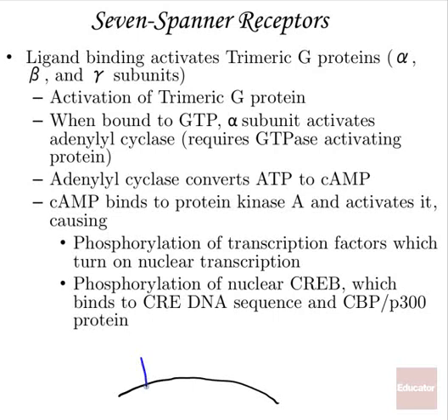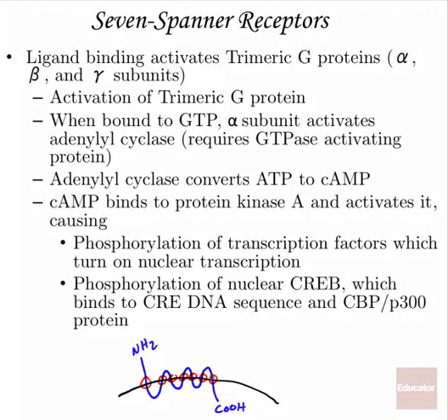So 1, 2, 3, 4, 5, 6, 7. And maybe that's its N-terminal tail, and this is its C-terminal tail. And what we have here is it's crossed 7 times. 1, 2, 3, 4, 5, 6, 7. So that's what the 7-spanner receptor is.